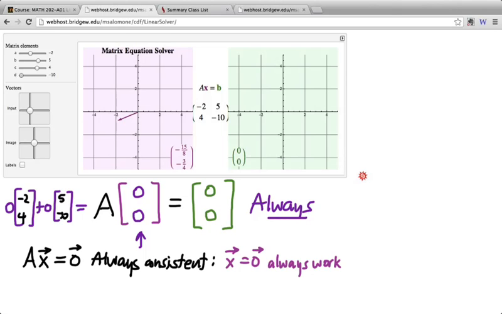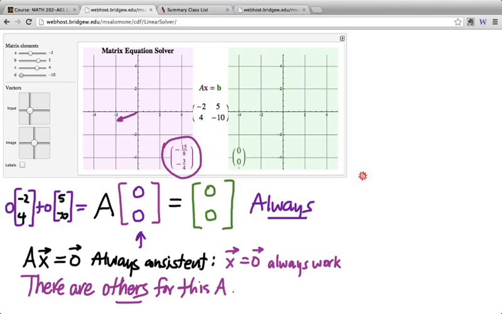Just based on what's on the screen right now, the answer is yes. There is another vector, this purple thing, which when we multiply A by that purple vector becomes the zero vector, the green zero vector, if you like. So in this particular example, there are others for this A.